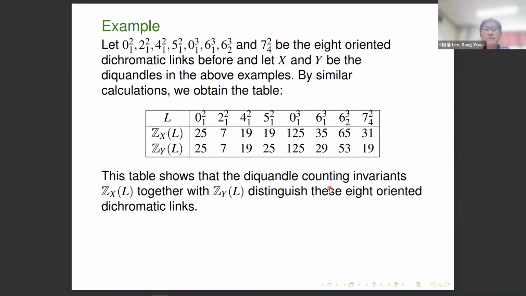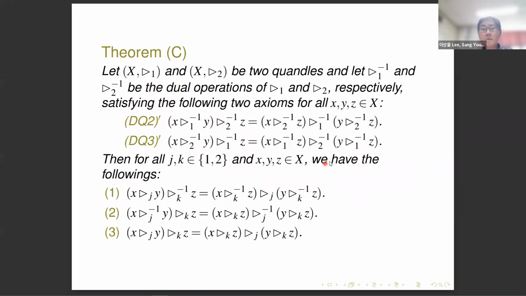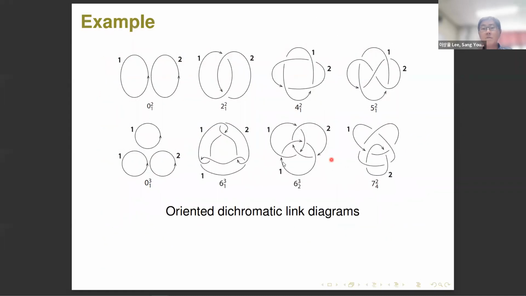Our final example: some more computations are shown. These are 8 oriented dichromatic links introduced on the previous page.